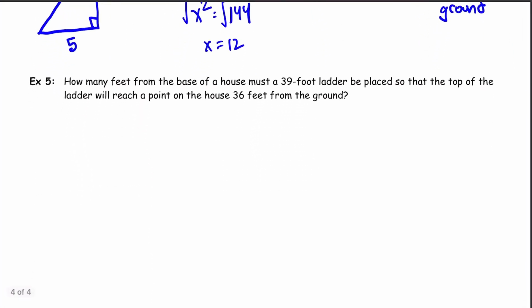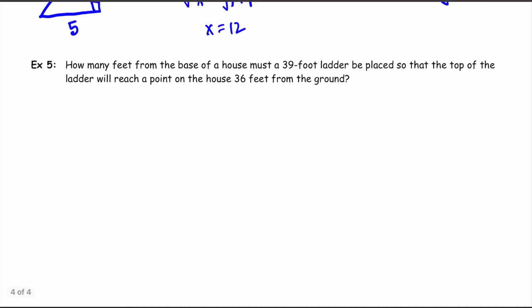And one more, last one. It says, how many feet from the base of a house must a 39-foot ladder be placed so that the top of the ladder will reach a point on the house 36 feet from the ground? So that sounds very complicated. Remember, ladder questions, we draw a right triangle. Okay. It says a 39-foot ladder.